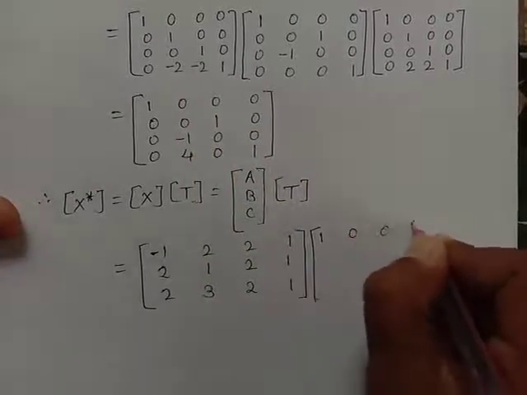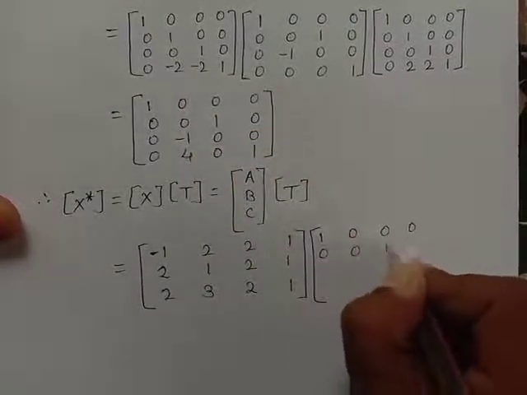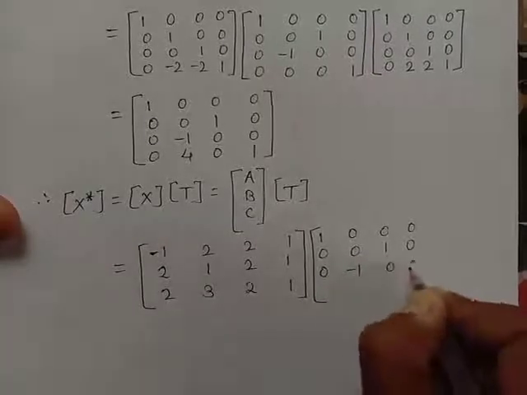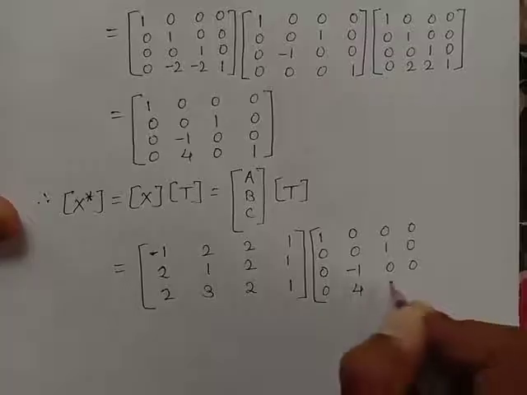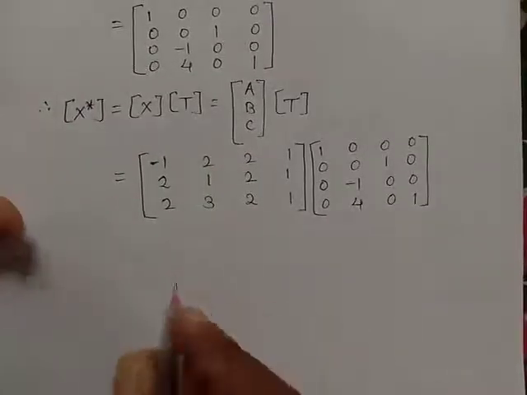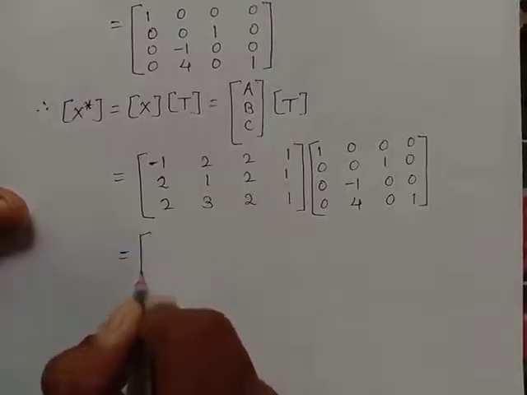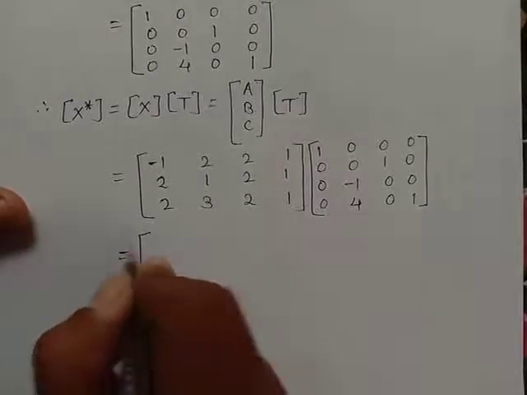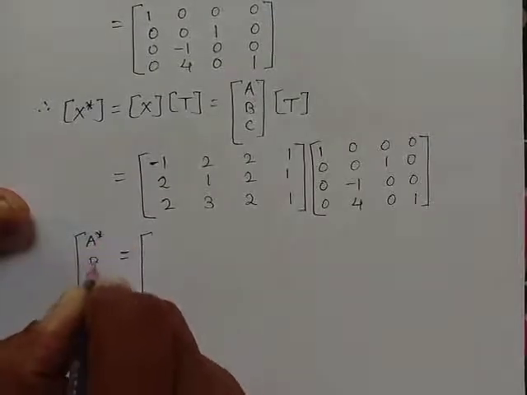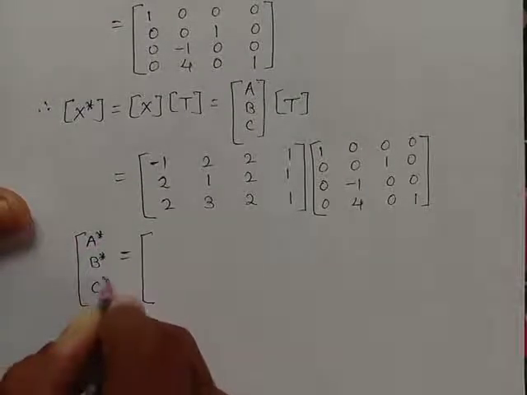1 0 0 0, 0 0 1 0, 0 minus 1 0 0, 0 4 0 1. And taking multiplication of these two, we get the transformed object, that will be A star, B star, C star.